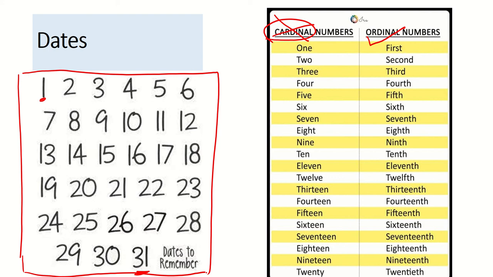When you were in primary school, you were asked by your teacher to write day, date, month and year on the board. Remember that?